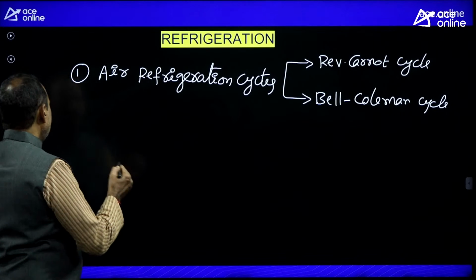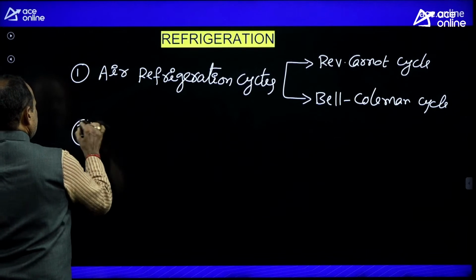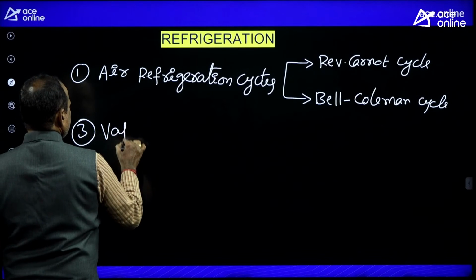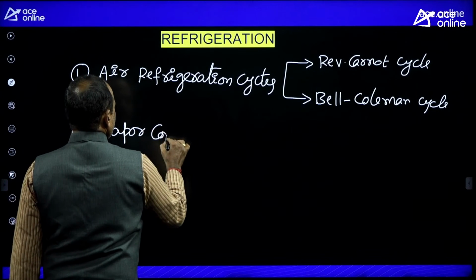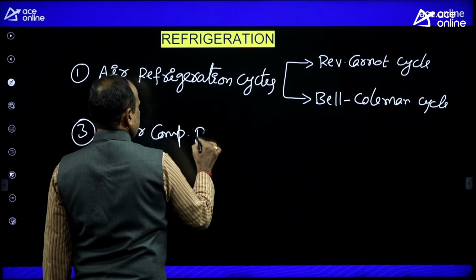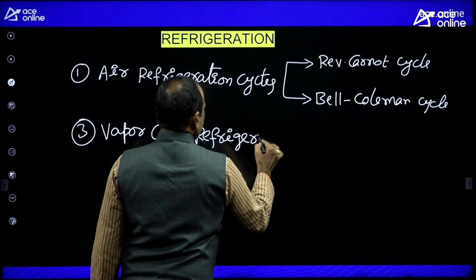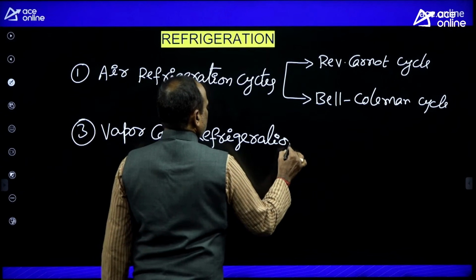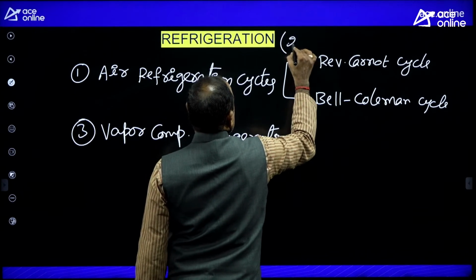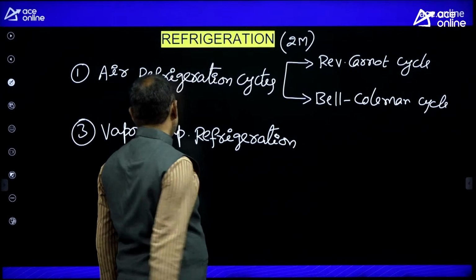Okay. Then the vapor compression refrigeration. This refrigeration unit is very, very important. Compulsory 2 marks. From the refrigeration part, compulsory 2 marks.